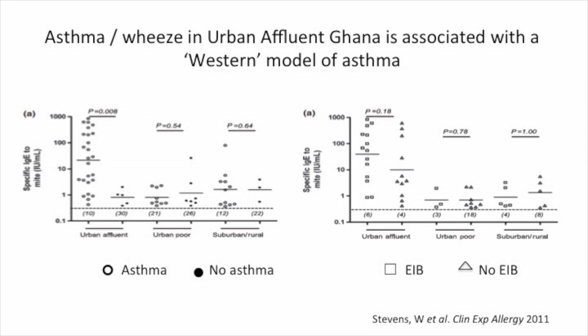He then looked at exercise-induced bronchospasm as another outcome rather than diagnosed asthma, and found similar findings, but they weren't quite statistically significant. Again, suggesting that the asthma that we're seeing in young children in Ghana and perhaps other African countries is very much according to a higher income country type model.